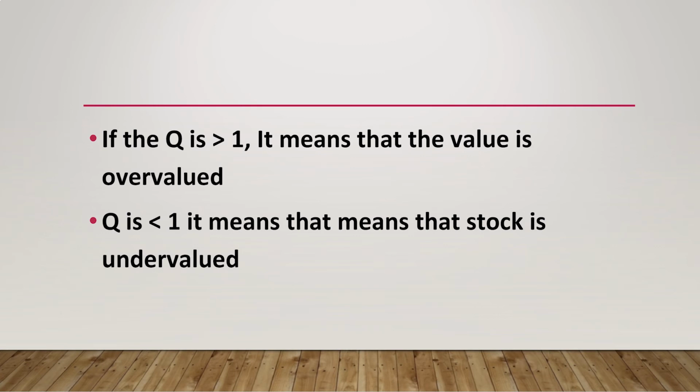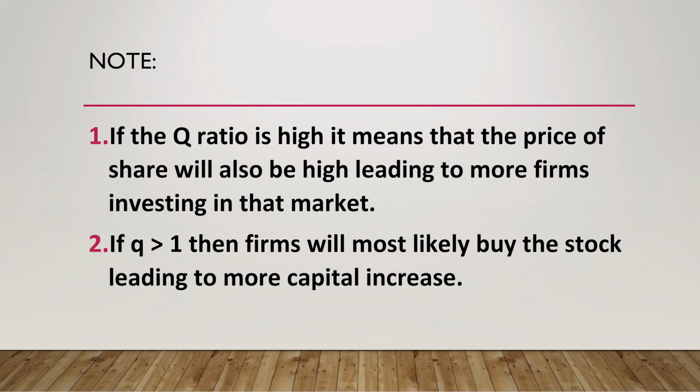Although it cannot predict a stock market crash, it is actually helpful for long-term investors to analyze the market's value because, of course, it is their money. Their money is at stake.